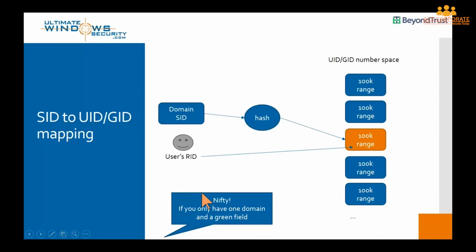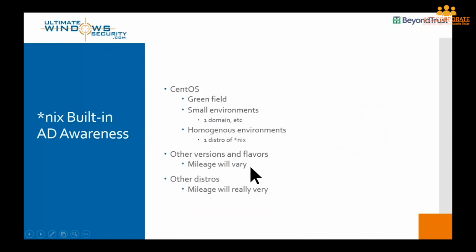And you should be pretty good in a lot of environments, especially a greenfield domain. But what if you already have UIDs and GIDs and existing user accounts, and you want to map existing Linux accounts on different Linux systems and distros up to a single AD account? That gets more complicated, and that's where this seemingly seamless integration begins to fall apart.